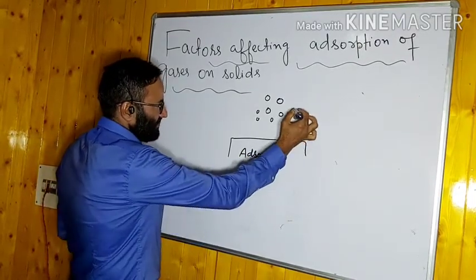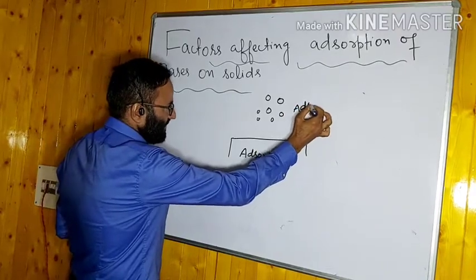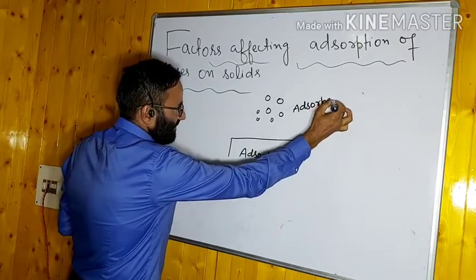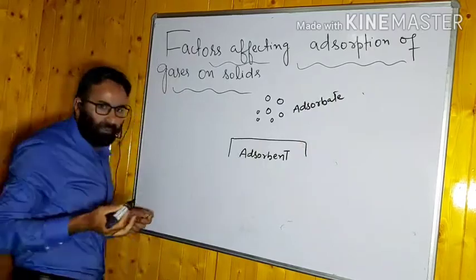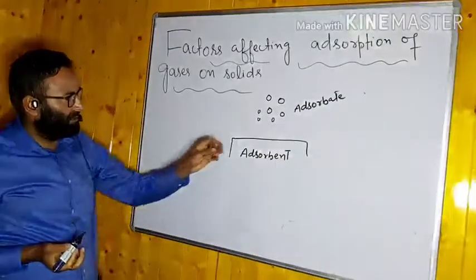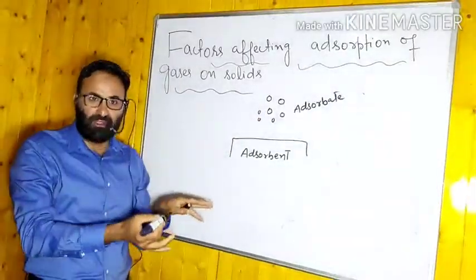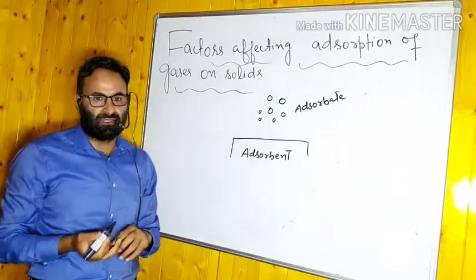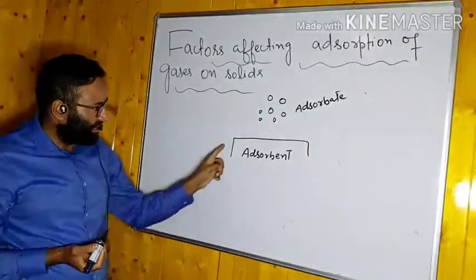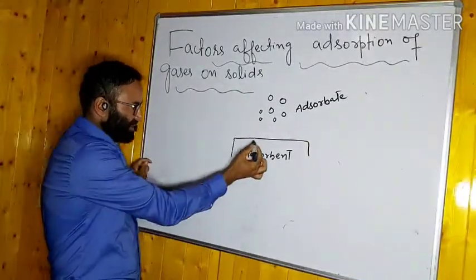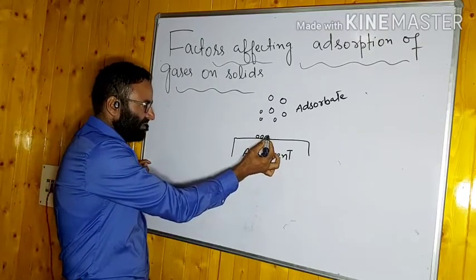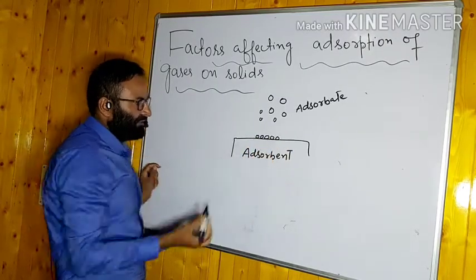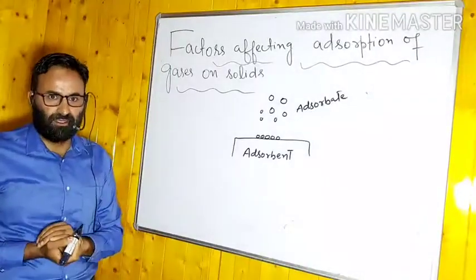These are the 2 terms you have to remember: the adsorbate, the particles which get accumulated and concentrated on the surface, and the adsorbent, the surface on which accumulation takes place.